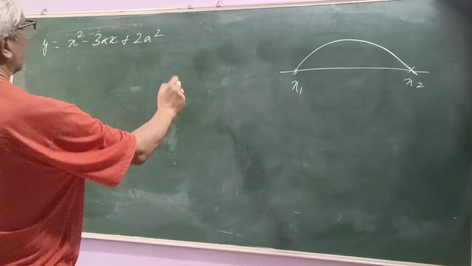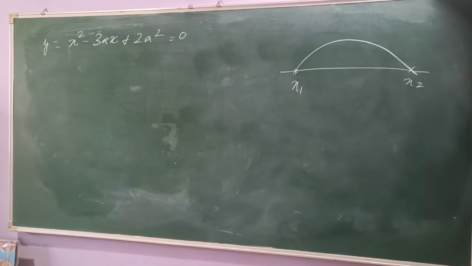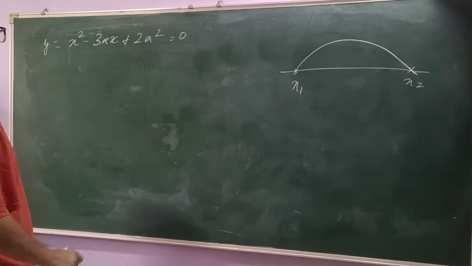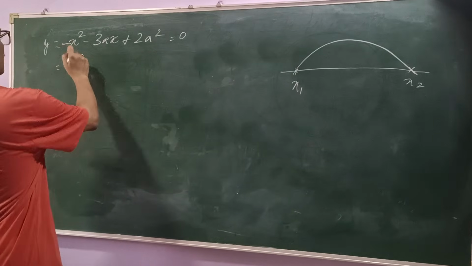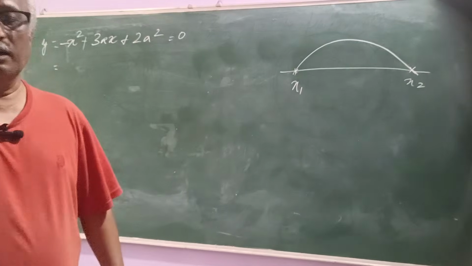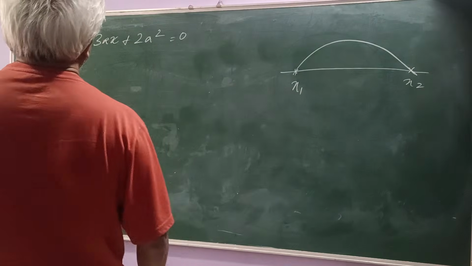We put that equal to 0. Now this is a quadratic equation and we can solve. Sorry, this has to be minus 2a square.